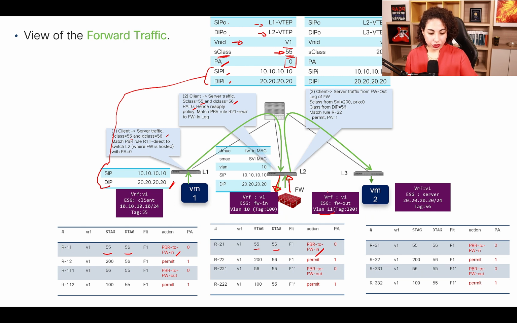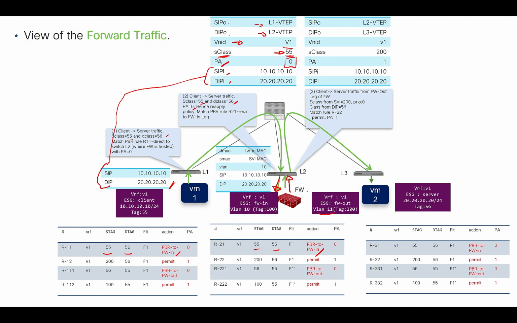And now, because we have this match on interface VLAN 11 in the configuration of the layer 4, layer 7 ESG, we are classifying into the data plane, and we are saying that this traffic that we are receiving back will be, quote unquote, mapped to the tag 200. So when we read the source class from that SVI, which is SVI 11, we are going to match the traffic to the tag 200.